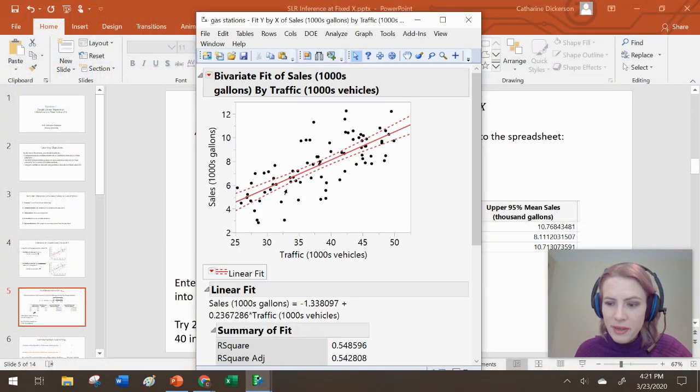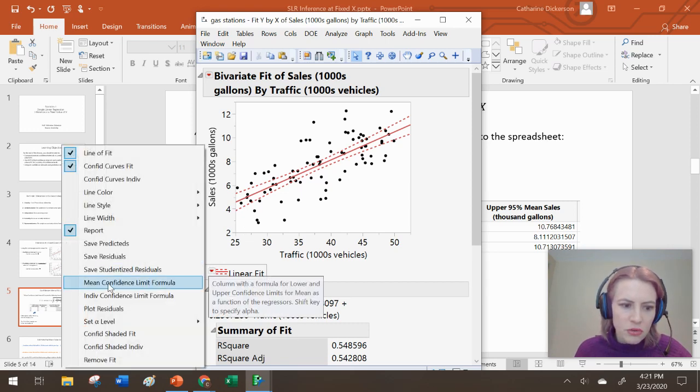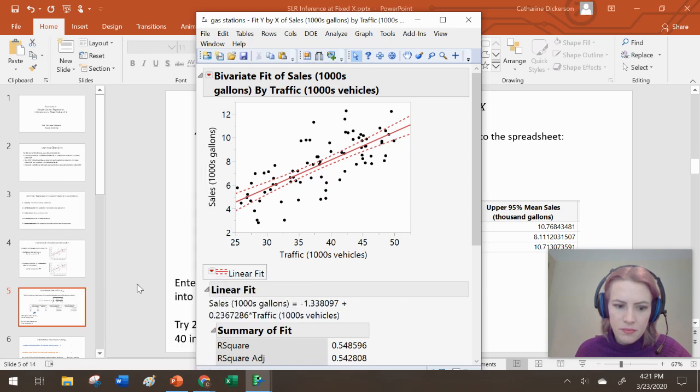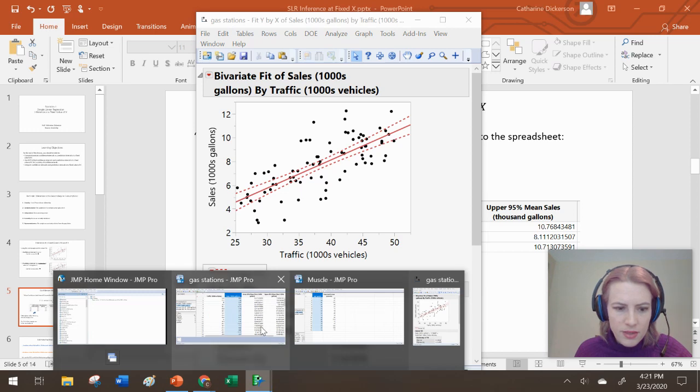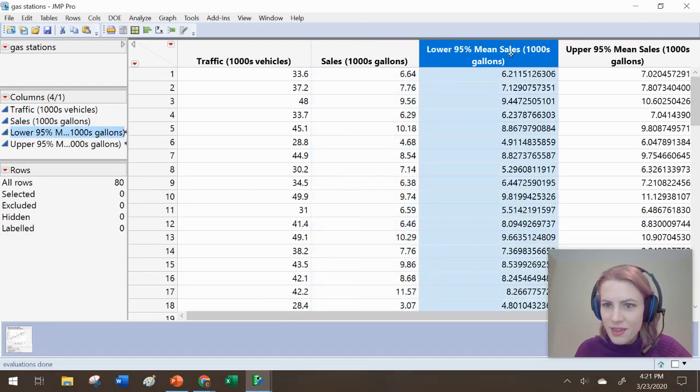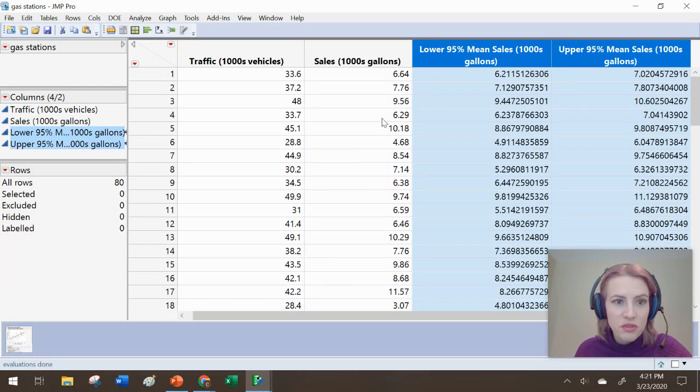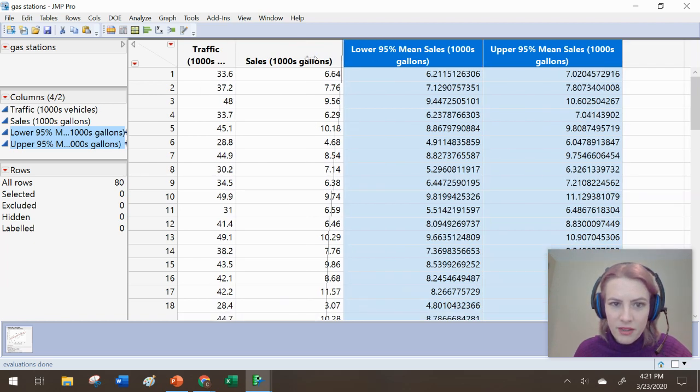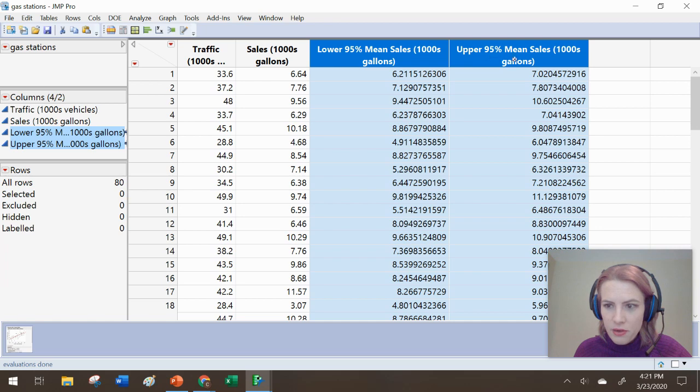From my fit y by x, I need to have the line in place, and it is. Then I'm going to go down to mean confidence limit formula. Now in my spreadsheet, I have two new columns, one showing the lower end of my confidence interval and one showing the upper.